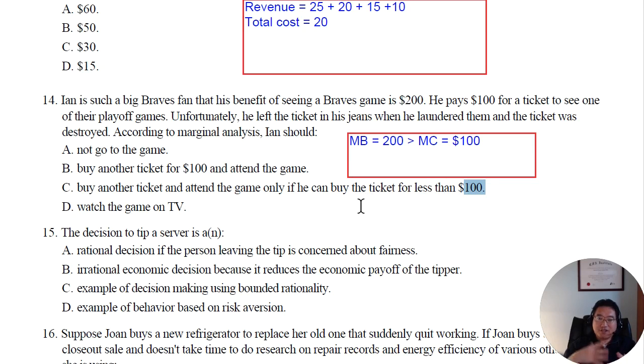If the $100 ticket can give you the highest net marginal benefit. Yes, you can get maybe, let's say, a $50 ticket, but it can only give you $100 marginal benefit. And you look at this decision, the net marginal benefit of $200 minus $100 is $100.